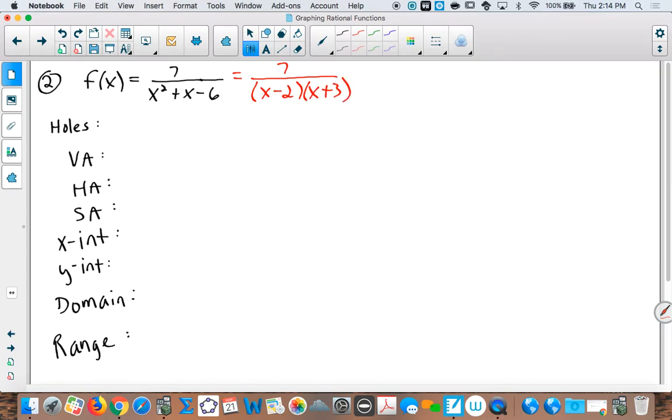Now let's find all the stuff. Do any factors cancel out? No. So we know there are no holes, right? So all of our excluded values will give us asymptotes. Since there are 2 excluded values, we have to have 2 vertical asymptotes. Who can tell us what they are? Izzy? 2 and negative 3. Yeah, so x equals 2 and x equals negative 3.